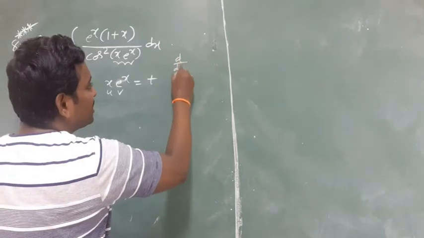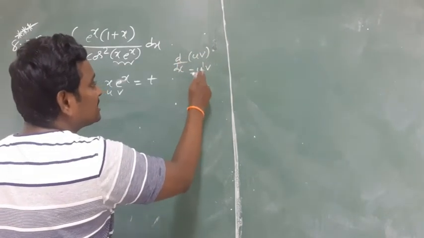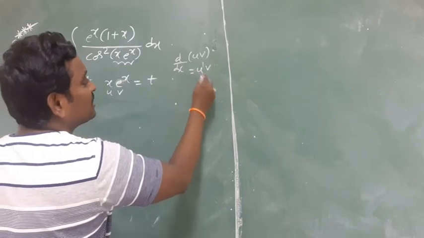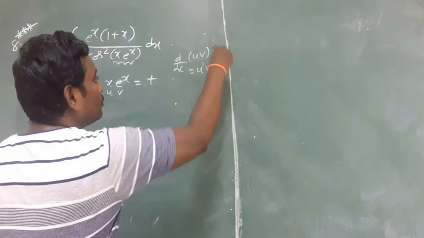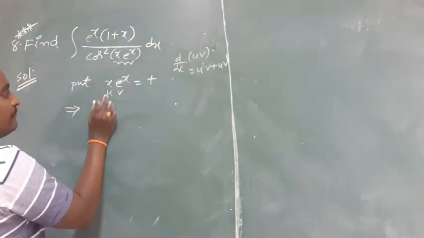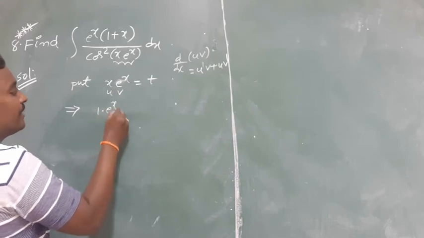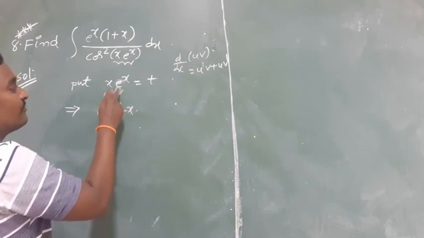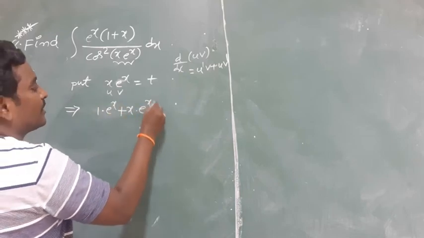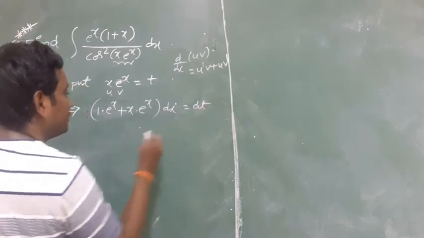Derivative of uv is equal to u dash v plus u into v dash, where dash represents derivative. So the derivative of x with respect to x is 1, 1 into e power x, plus x times the differentiation of e power x, which is itself, e power x, whole dx is equal to dt.